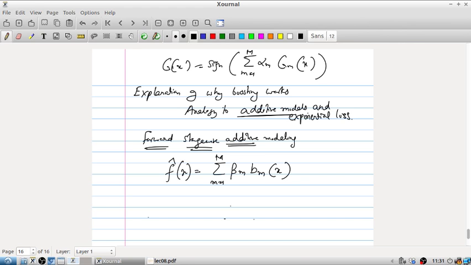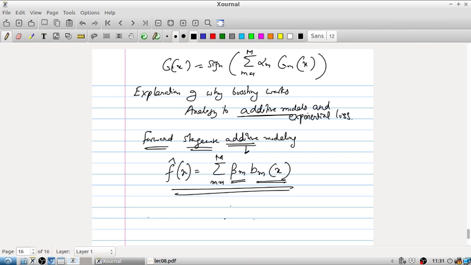We are going to assume that we want to find something like this, which is an additive model. That's where the additive comes from. It's the sum of m functions, and each function has a coefficient. These are roughly called basis functions because they are just functions that I add up to construct my prediction function.